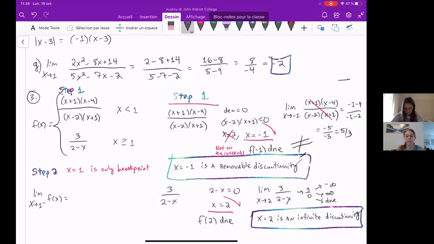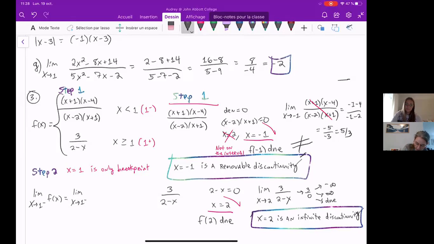Now, a lot of you guys messed this up on your group work and on your mock test, so I want to really point this out. The limit sign does not disappear yet. So I still have my limit sign, but now I replace f of x with the function. And I'm doing the top function because that's the one that gives me values that are smaller.